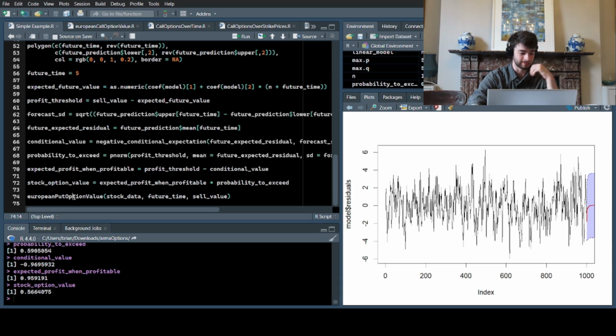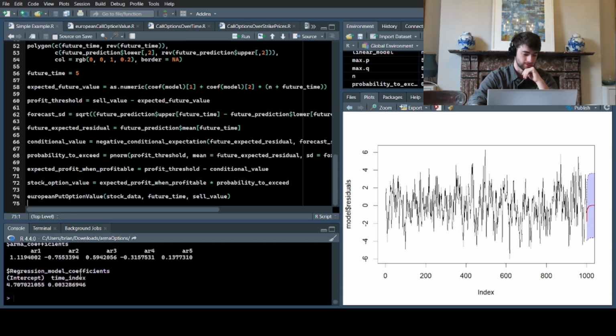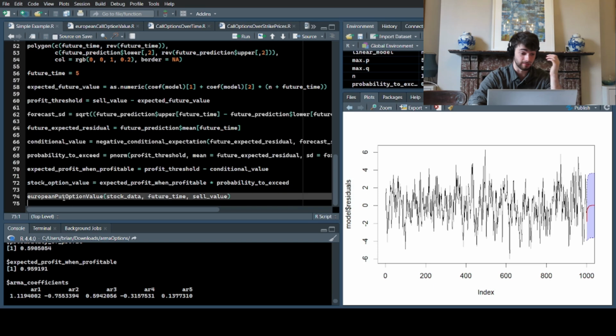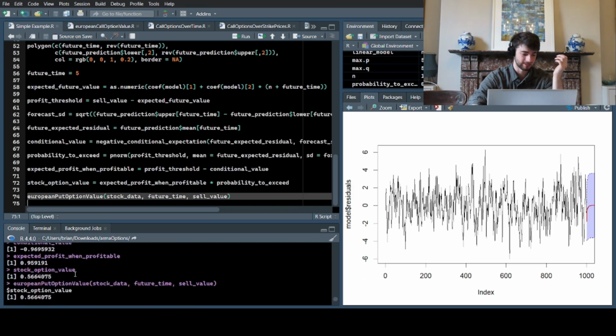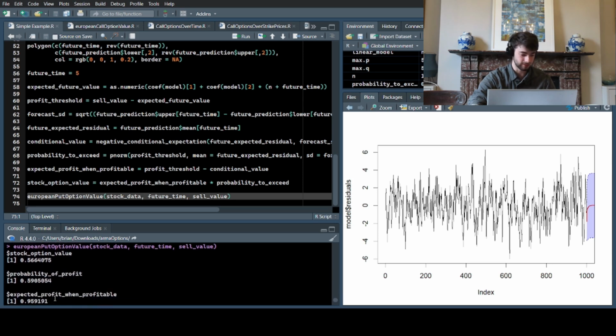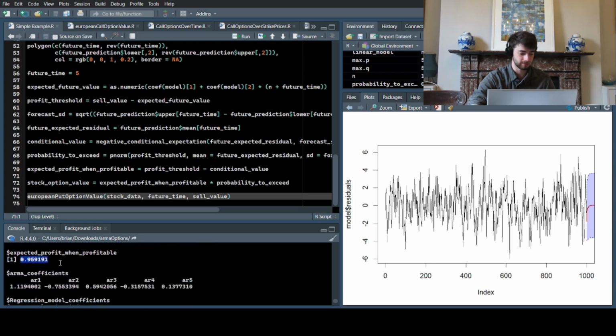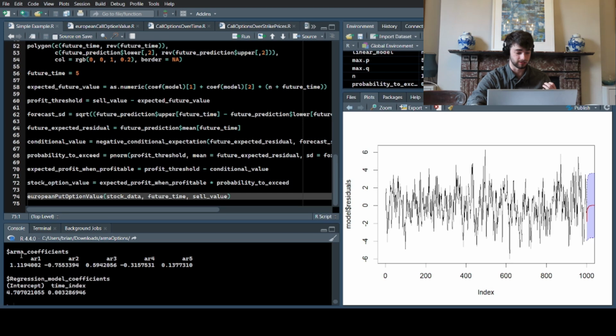This is basically doing the same thing. So what one of the functions does in my package is that it gets the same stock option value. It gets the probability of profit. It returns the expected value when profitable, and then it also returns our model coefficients.